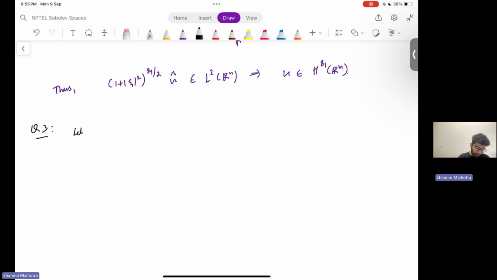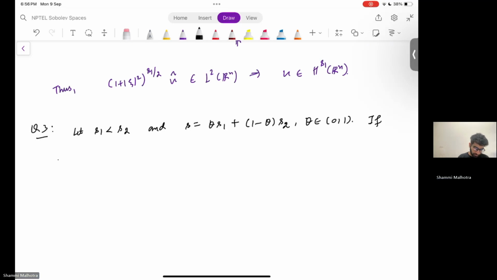Again, let s1 be less than s2, and s to be theta s1 plus 1 minus theta s2, where theta belongs to (0, 1).